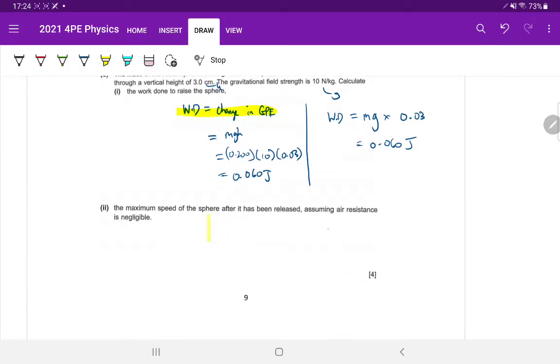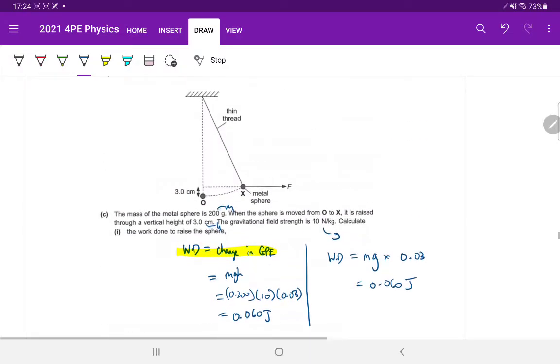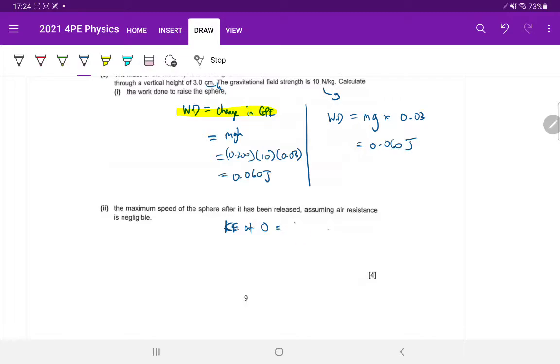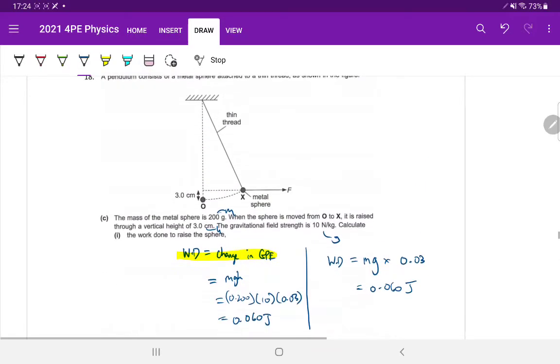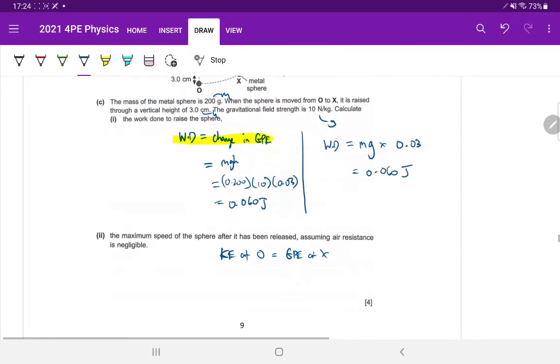Okay, which means KE at O will be equal to the GPE at X. Does that make sense? Because all of the energy here is going to be converted to KE. So this is the maximum KE, right? So KE at O is going to be maximum KE. So this equals 0.060 joules.